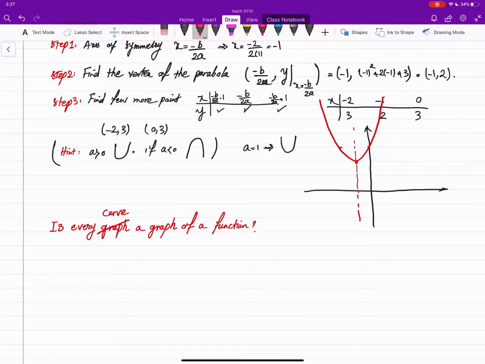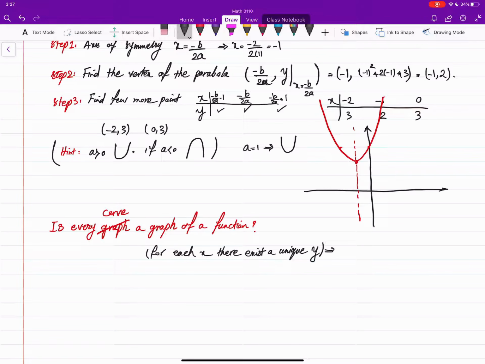Well, one thing that you have to recall is that for a function, for each x, there exists a unique y.